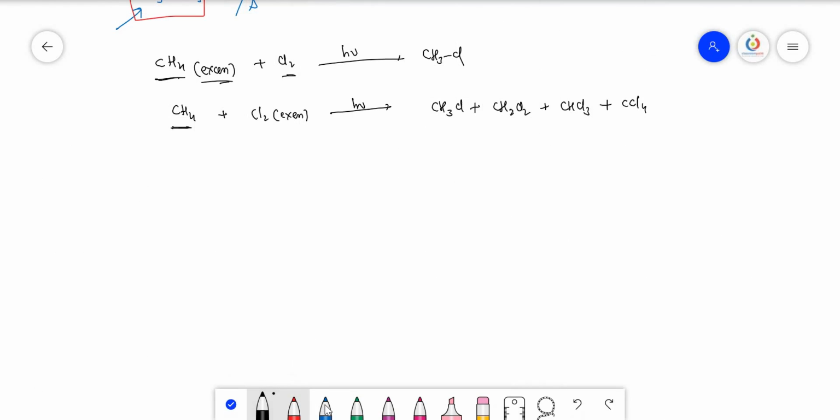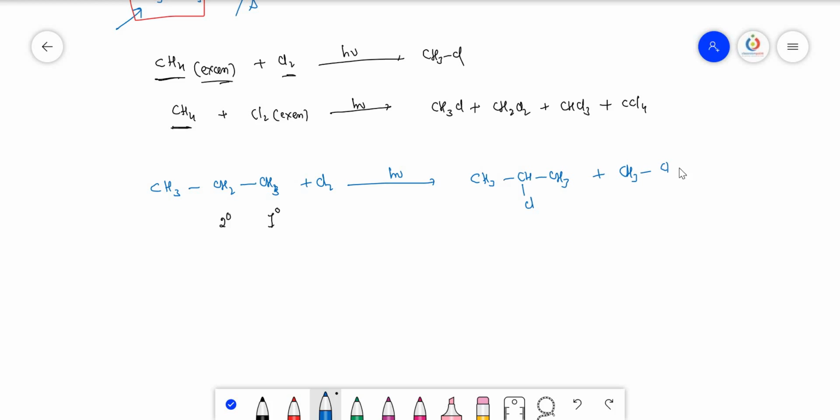And the second thing is, what happens if more than one type of hydrogens are present, like this, with sunlight? Here two different types of hydrogens are there, primary hydrogen and secondary hydrogen. So that's why you will get two compounds, CH3CHClCH3 plus CH3CH2CH2Cl.